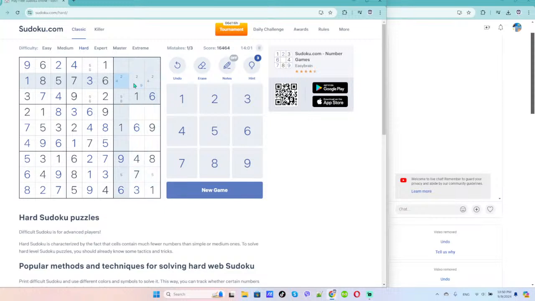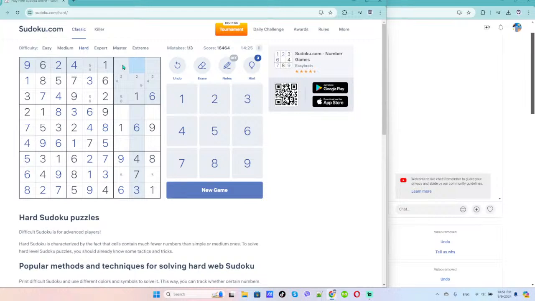So we know the numbers of these cells. We know the two candidate numbers of this cell. Here we know two candidate numbers, two numbers that surely are going to be placed in this layer, but we know two candidates that may be placed in one cell. What am I talking about?